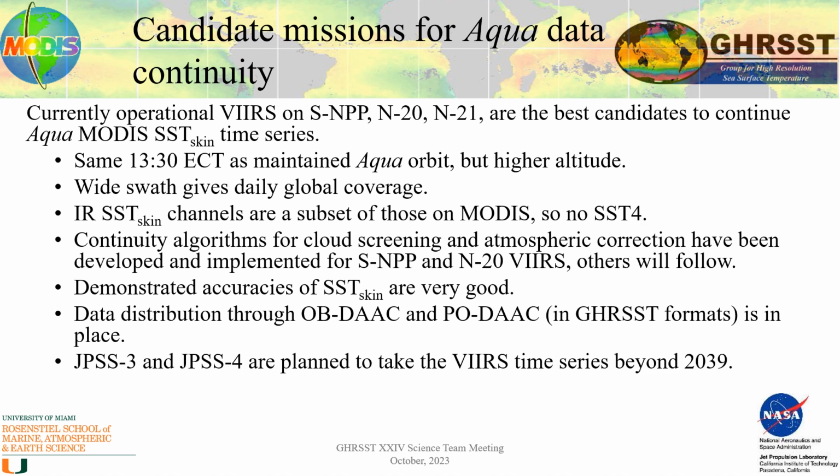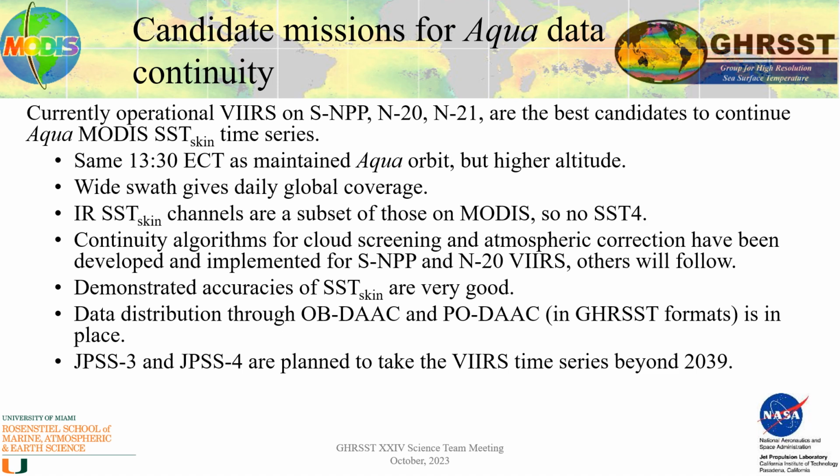The infrared channels on VIIRS are a subset of those on MODIS, meaning that there is no possibility of a nighttime SST4, but a 3-channel algorithm using 11 and 12 and 3.7 micron measurements appears to function very well. The regular split window algorithm for day and night is comparable to that of MODIS in its accuracy.